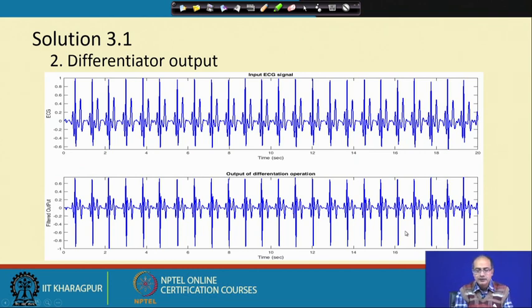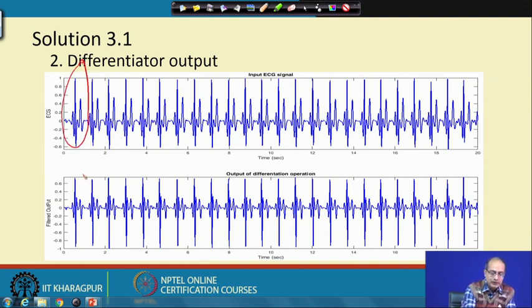So, here now we get the output of the differentiator filter, and what we notice, if we look at a single waveform and its corresponding output, is that the P and the T wave have got subdued. Q and S have got modified, but they are accentuated.